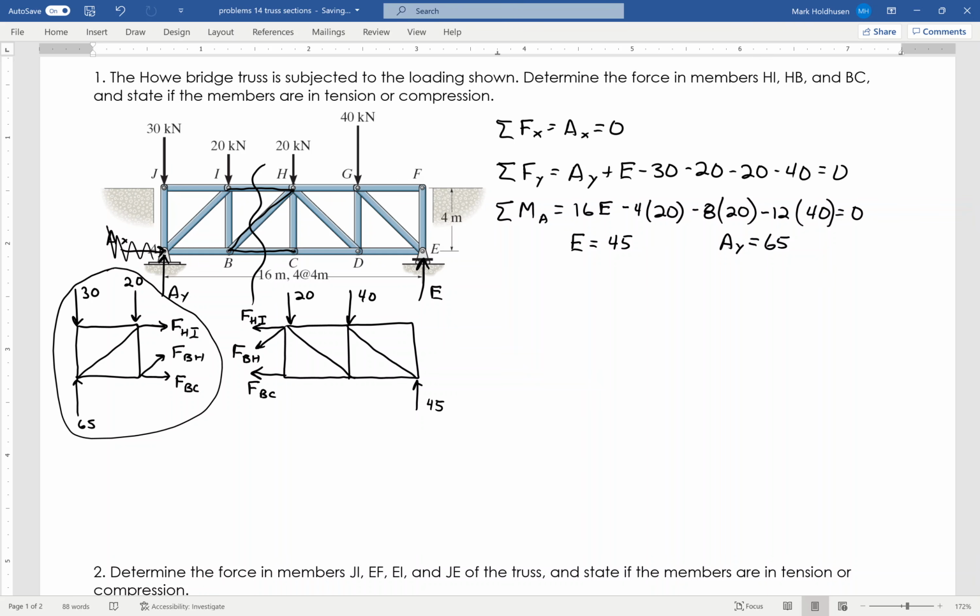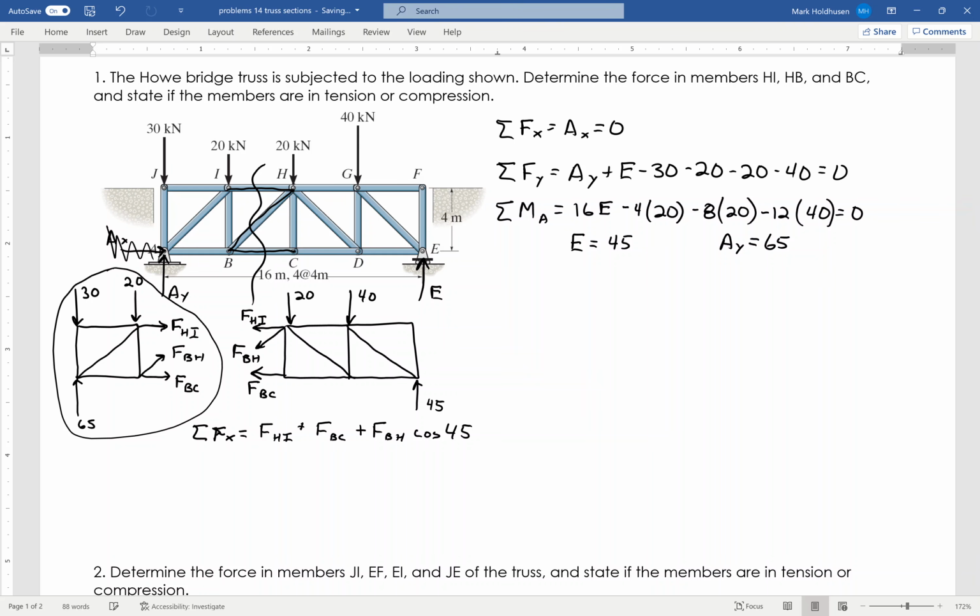And what I'll do here is sum the forces in the x direction, and I'll have FHI, I'll have FBC, and these are all 45-degree angles, 4 by 4, so I'm going to be a little sloppy with it. Sines and cosines are the same, but I'll call this FBH cosine of 45.